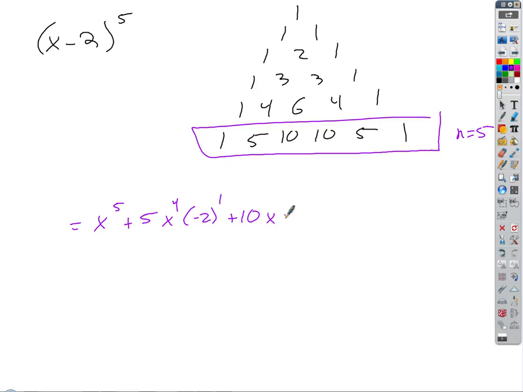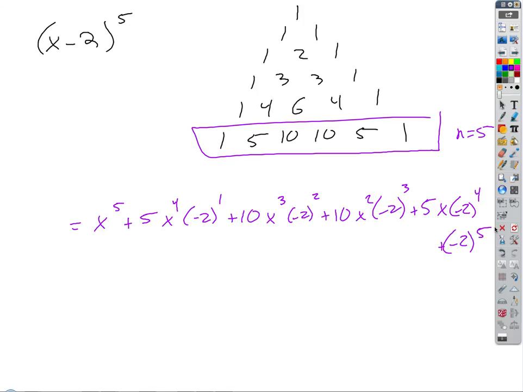Plus 10X cubed, negative 2 to the 2, right? Okay. Plus 10x squared, negative 2 cubed, plus 5x to the 1, negative 2 to the 4th, plus negative 2 to the 5th.